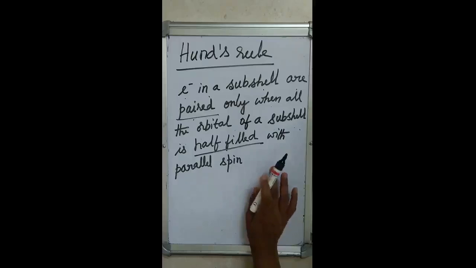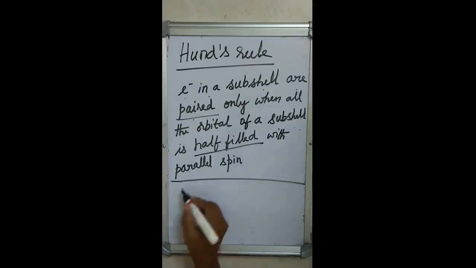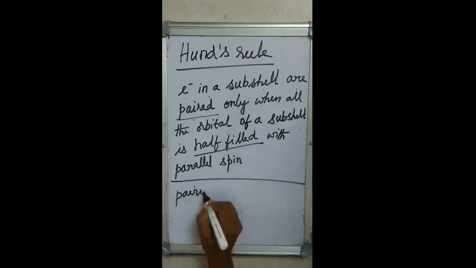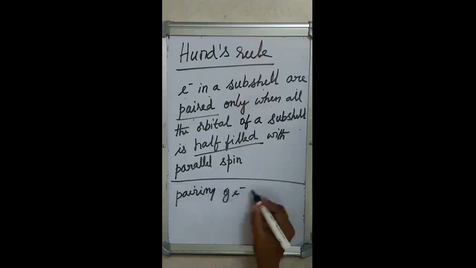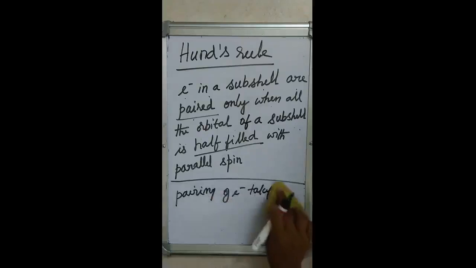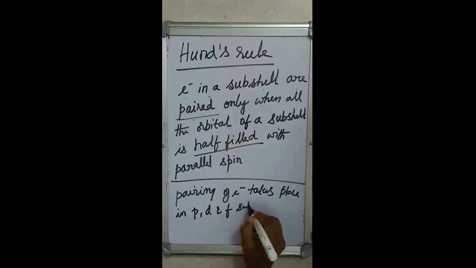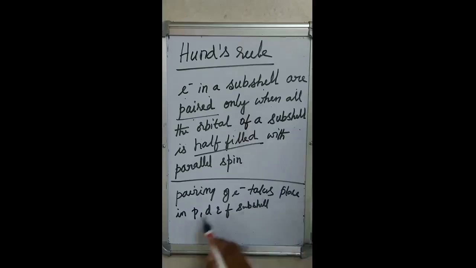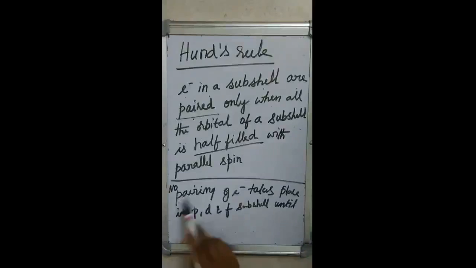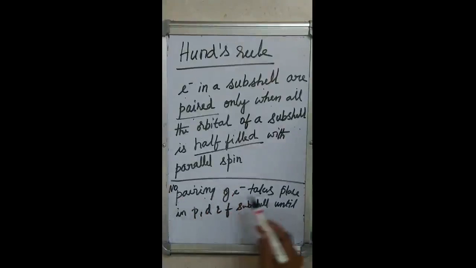Simply, I can say that pairing of electrons takes place in p, d and f subshells only after that. In other words, no pairing of electrons takes place.